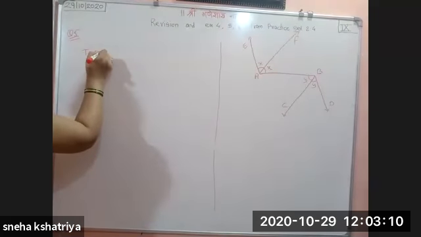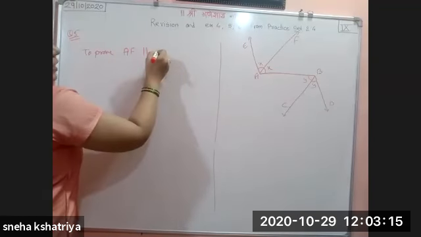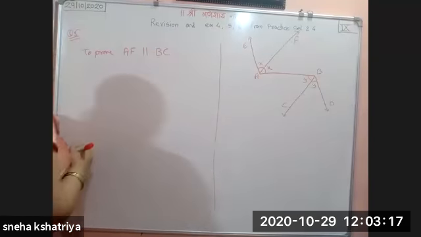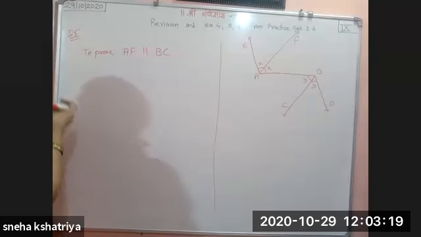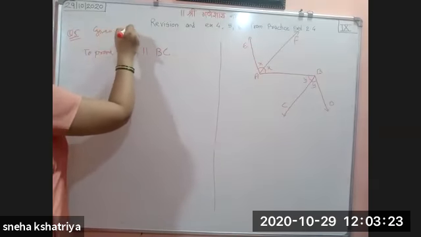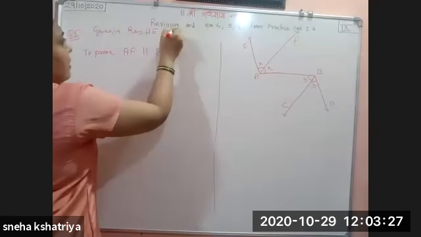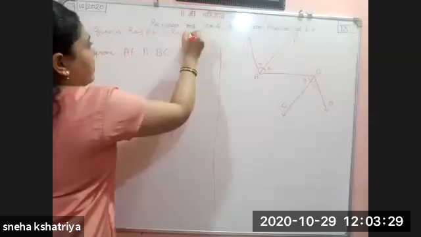To prove: AF parallel BC. So what is the given thing? First we will write down the given. Given is ray AE parallel to ray BD.